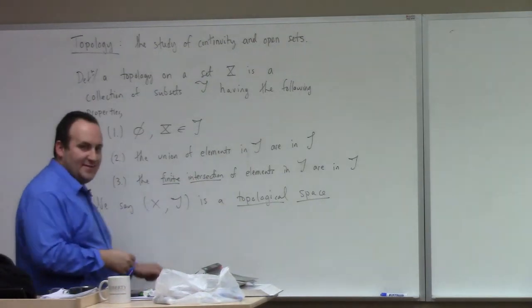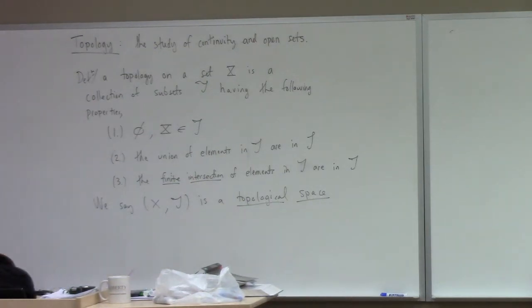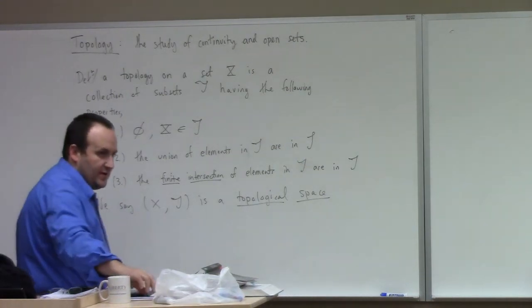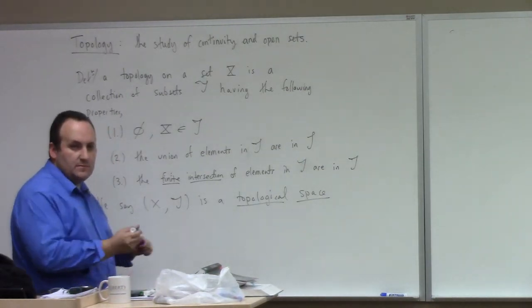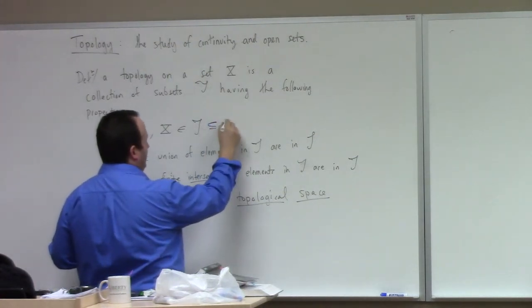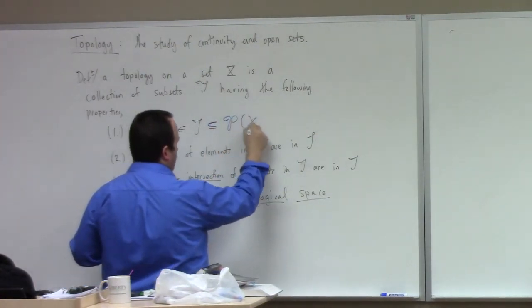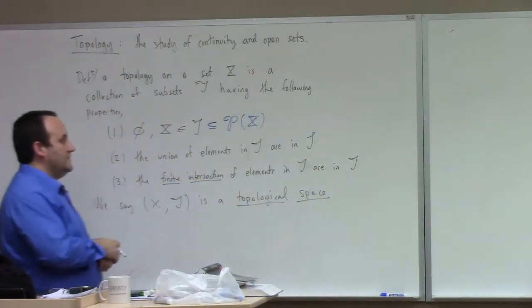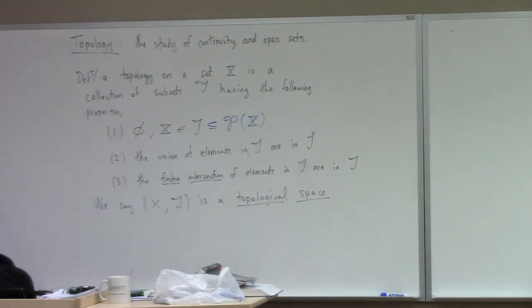Any questions? So to emphasize some structure here, you guys know about power sets, right? The topology has got to be a subset of the power set of X. So the power set of X would be the set of all subsets, right?